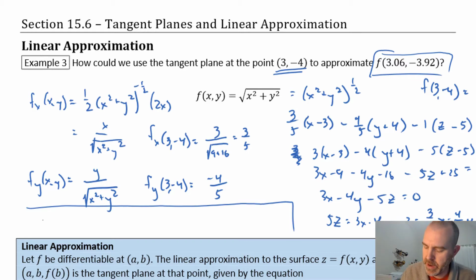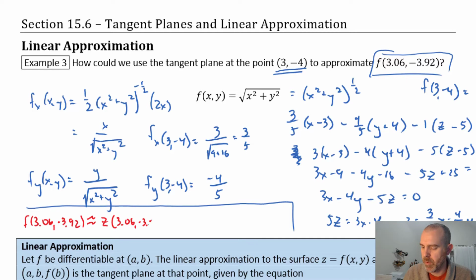Let's maybe do a different color here. f at (3.06, -3.92) will be approximately equal to the tangent plane z evaluated at (3.06, -3.92). And so that is 3/5 times 3.06 minus 4/5 times negative 3.92.